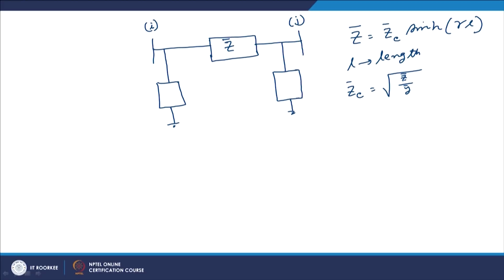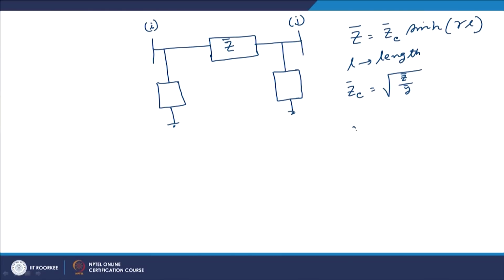Please note that this small z is nothing but the impedance of the line per unit length, and this small y is nothing but the admittance of the line per unit length, and this gamma, which is called the propagation constant, is given by root over yz.